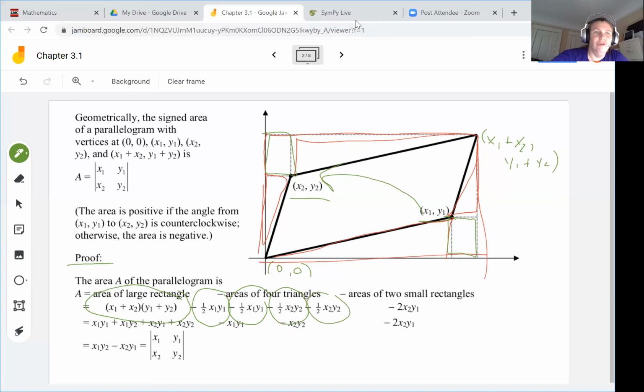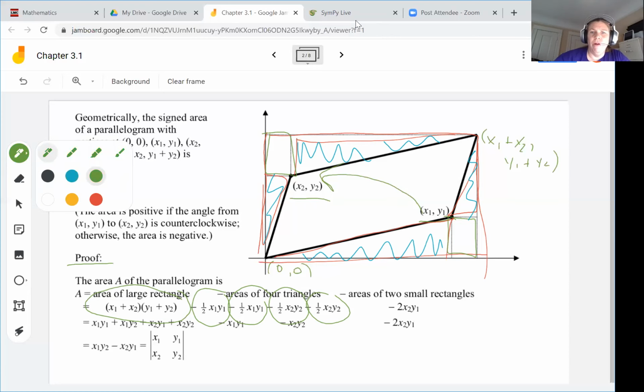You can see the symmetry in our diagram and the triangles. These symmetric triangles are the same area, and then similarly, these triangles are the same area. So that's why we subtracted some of those products twice. And then the two small rectangles are also symmetric. Those are x2 by y1.